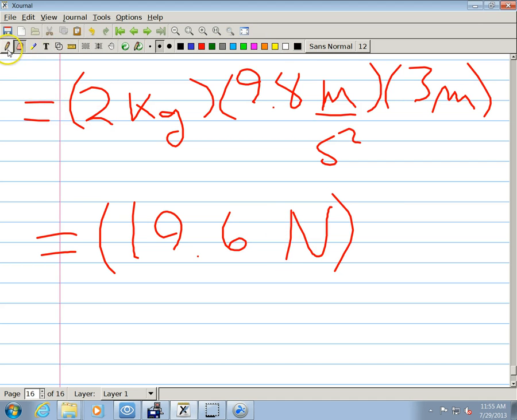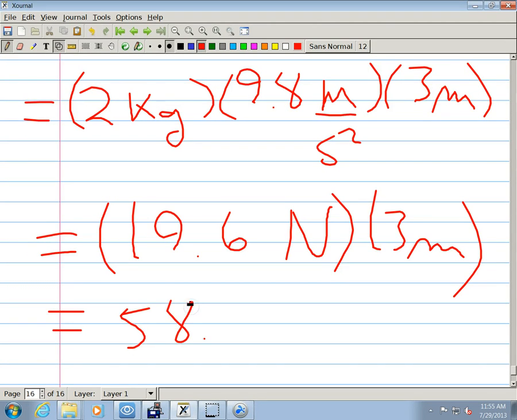Okay, so newtons, times your 3 meters. So now what do you get? What's 3 times 19.6? Go ahead, you can use a calculator if you have to. 58.8, right. So it's 58.8 newton meters. That's a unit of work, a unit of energy.